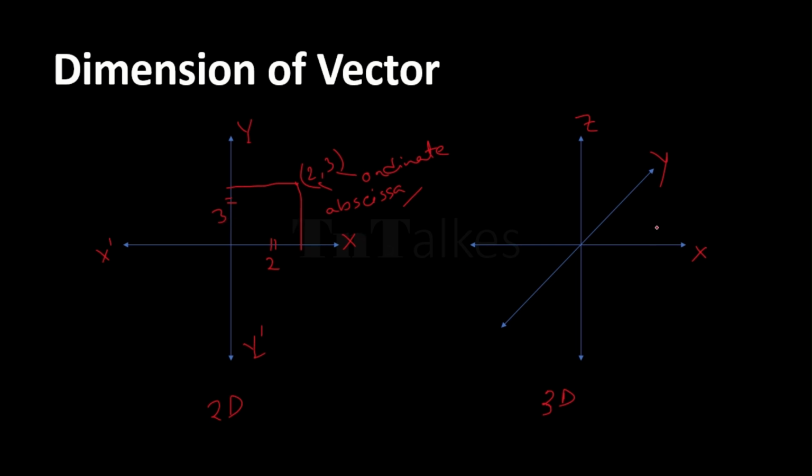Similarly, if a point is 4, 3, 2, that means in x-axis it cuts 4 units, 3 units from the y-axis and 2 units from the z-axis.